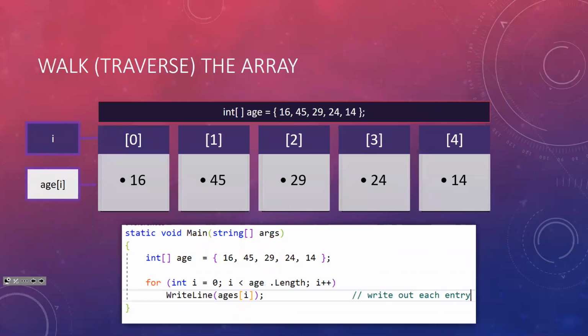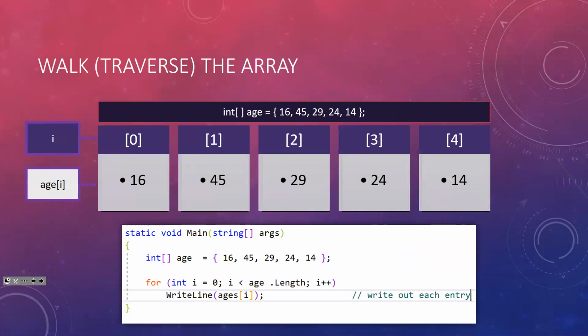Okay, so let's add this loop to the code that you guys have. So in this for loop, we're going to use the length variable. And there should not be that space there. It'll probably get rid of it for you. But whenever we use an array, like our age array here, we're creating an instance of the C# array class.